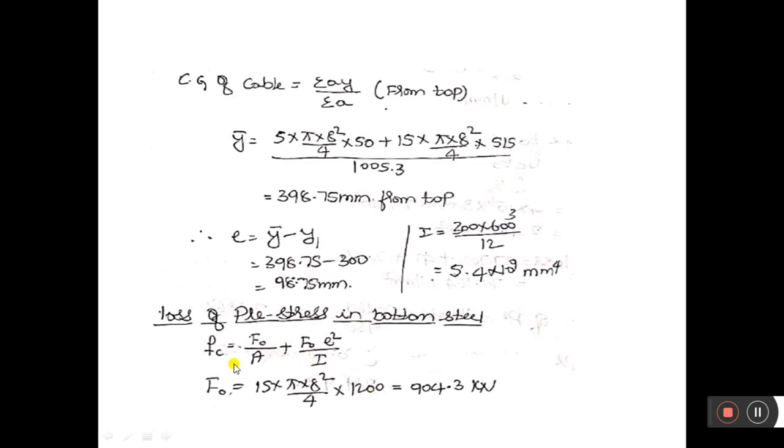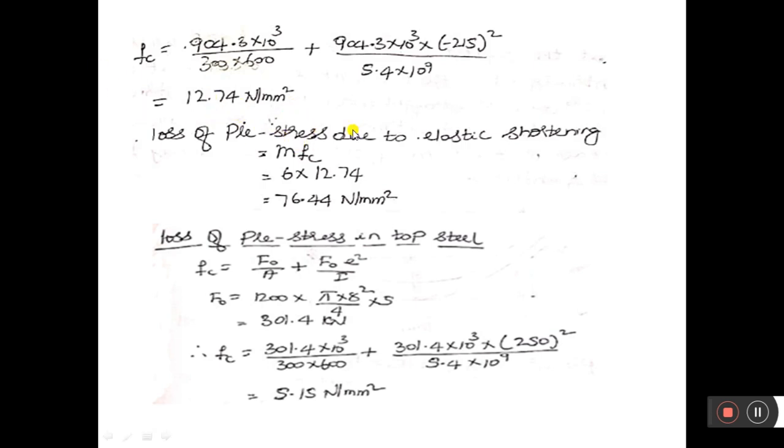Therefore F naught is equal to 15 into pi into 8 square by 4 into 1200. So Fc is equal to 12.74 Newton per mm square. So 12.74 Newton per mm square is the compressive stress developed in the concrete with respect to the CG of the tension steel.